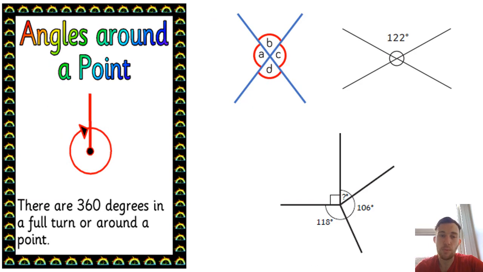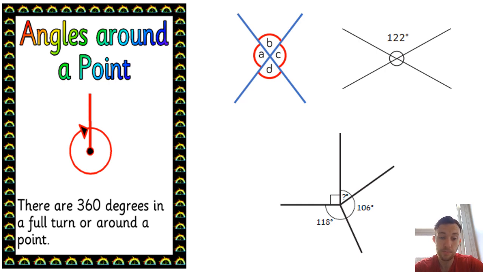Okay, next we're looking at angles around a point, and it's really important that if we're looking at all of these angles, they always add up to 360 degrees, because if we were to do a full turn, if we were to turn all the way around, we would do a 360 degree turn. So some questions you might get are ones that look like an X here.